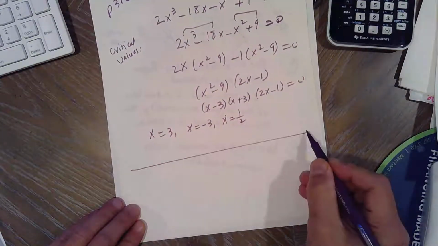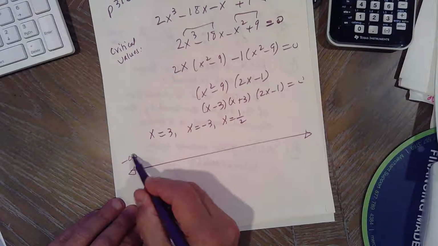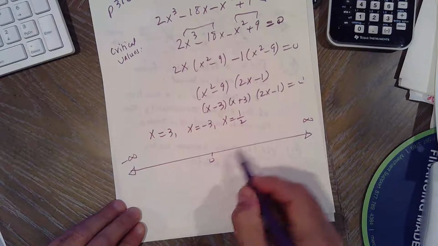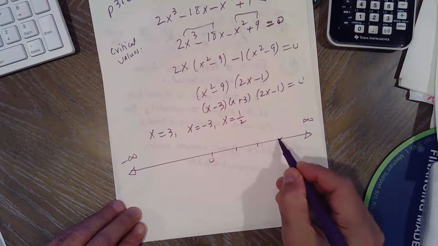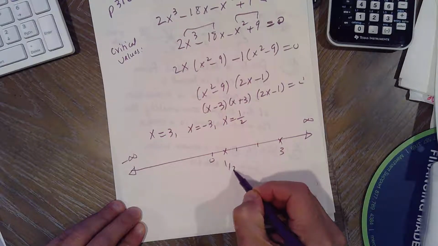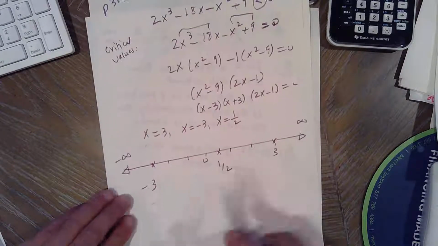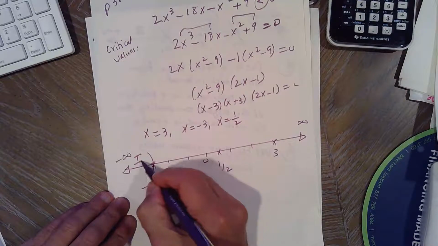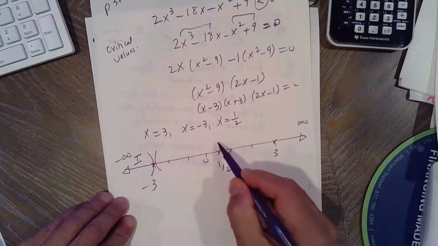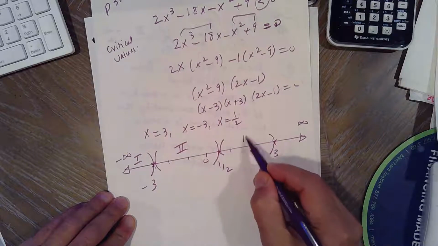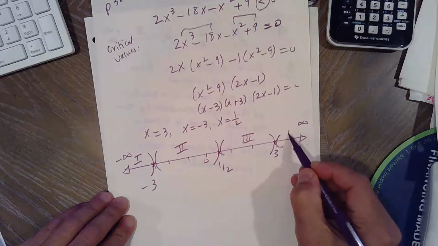Now we plot these critical values on the number line. So we're going to have 4 intervals. There's always one more interval than the number of critical values. 3, 1/2, and -3. And since it's strictly less than, we're going to use parentheses. So -∞ to -3, that's one interval. -3 to 1/2, 1/2 to 3, and then 3 to infinity.